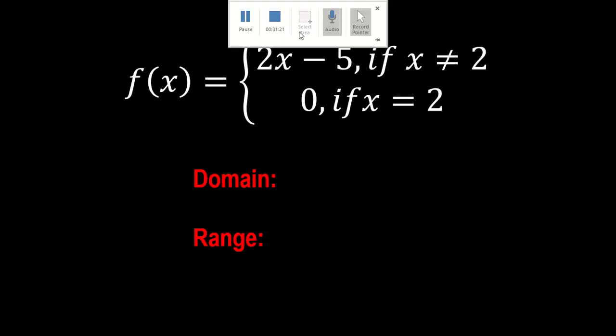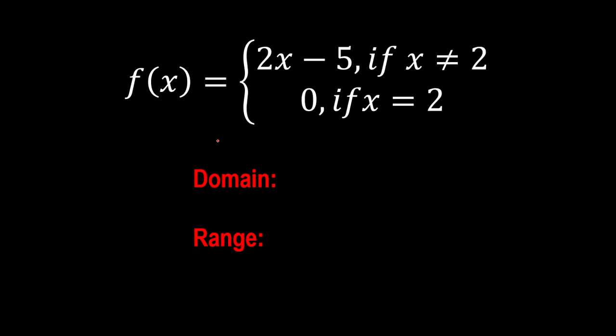Let's have the last example. Given that the function here is a piecewise function, we have 2x minus 5 as the first subfunction if x is not equal to 2, so all values of x except 2. And then we have a constant function 0 if x is equal to 2. As you notice, the values of x are all included: here all values except 2, and here only 2.